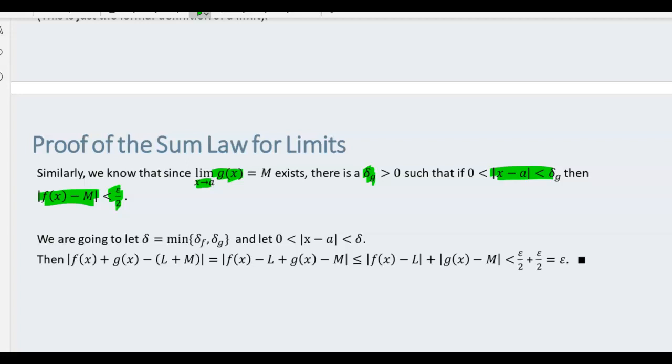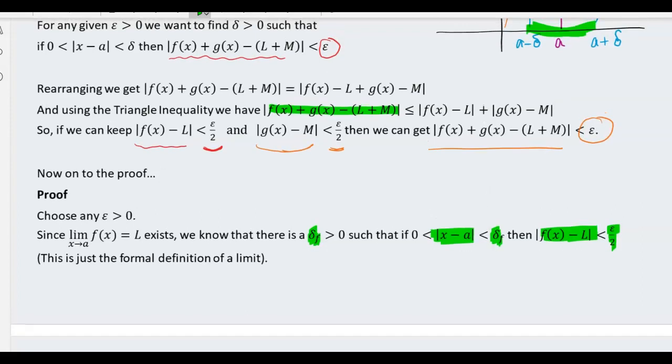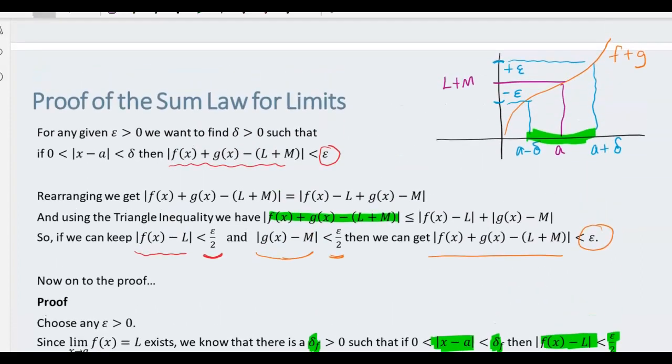Like we did in the last video, when we're trying to decide what we want delta to be, it has to be the smaller of the two. In this fake graph that I just drew, the two values are not necessarily symmetric about A, and so we always go with the smaller one.